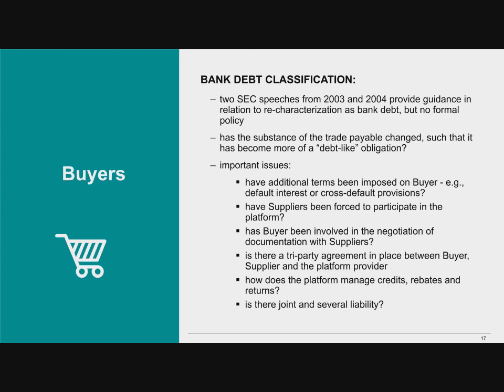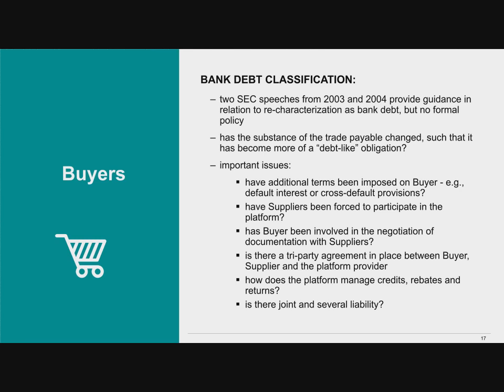What we need to do is look back to two SEC speeches that were made in 2003 and 2004, which provided guidance in relation to how these programs are accounted for on the balance sheet, and in particular, whether they retain their trade debt classification or whether they should be converted into bank debt.